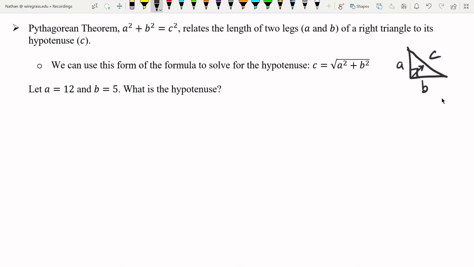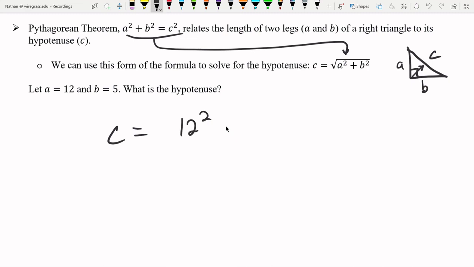If we don't know what the hypotenuse is, then we can actually translate this formula into this one by taking the square root of both sides, and that'll give us the square root of a squared plus b squared. That equals the hypotenuse. So using this formula, a is 12, b is 5. 12 squared is 144.